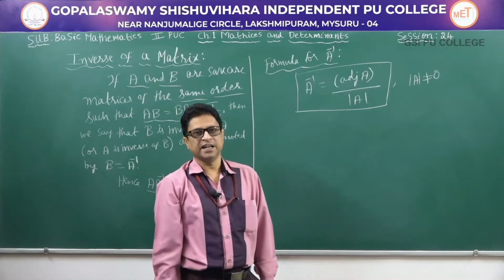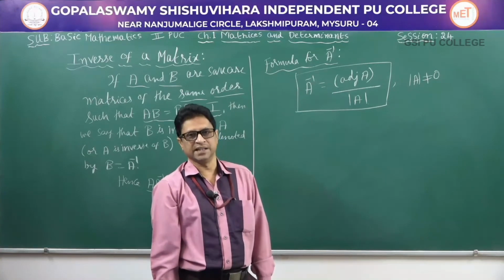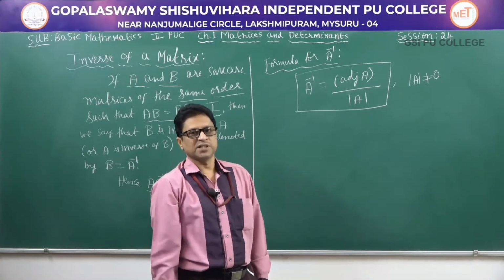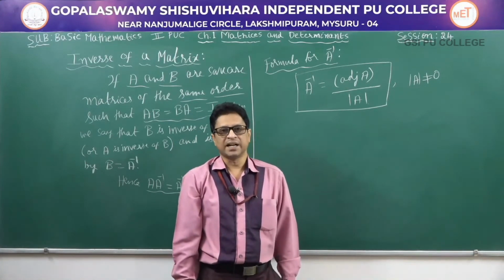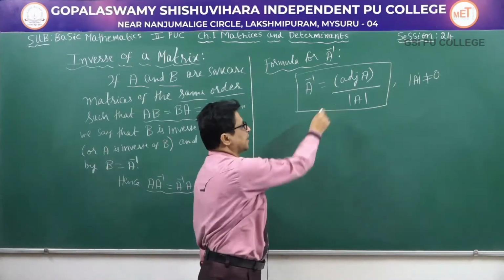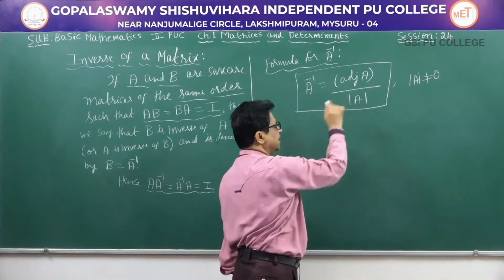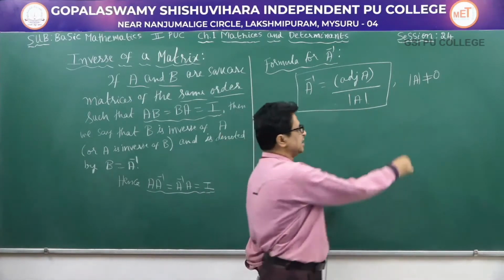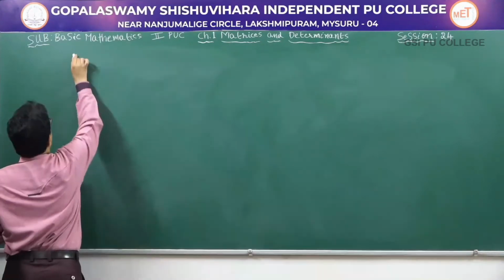If A is a non-singular matrix, then A inverse exists. Suppose A is a singular matrix, then A inverse does not exist. So you have to remember this formula, that is A inverse is equal to adjoint A by determinant A, provided determinant of A is not equal to 0.